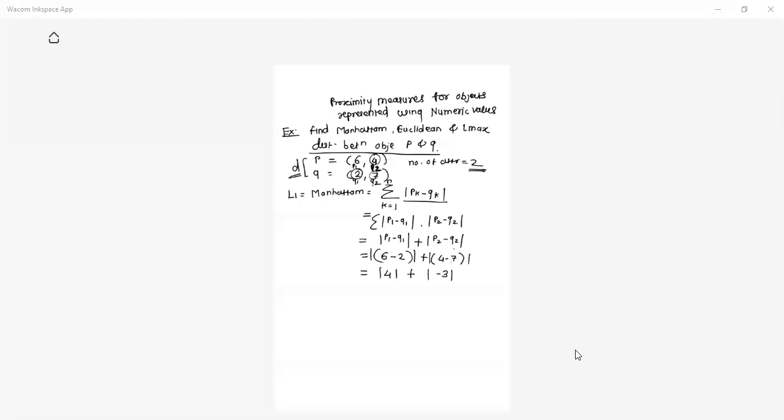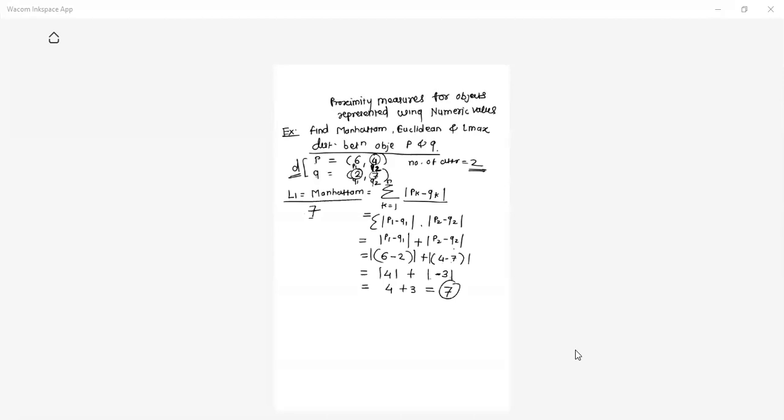But because we are using the absolute value in the formula, this will become plus 3. So my solution will be 4 plus 3, and the distance between the objects P and Q using the L1 norm is 7. It is a simple formula. The distance between P and Q using the Manhattan distance formula is 7.